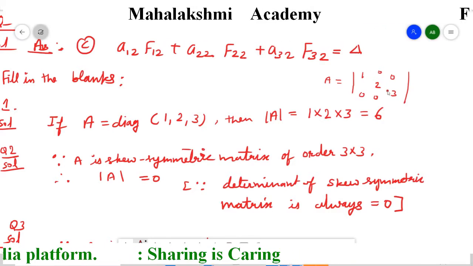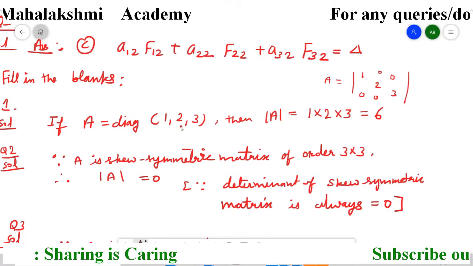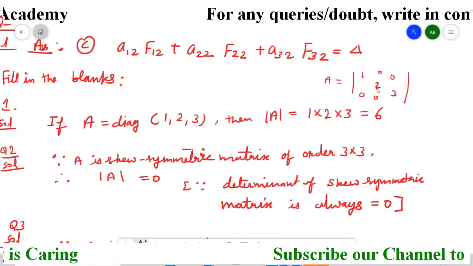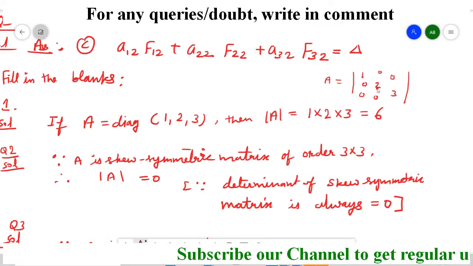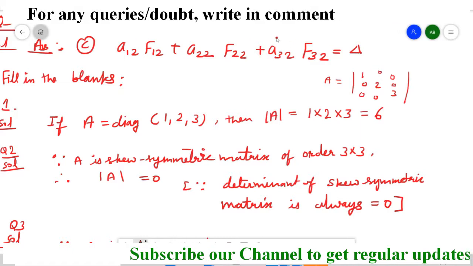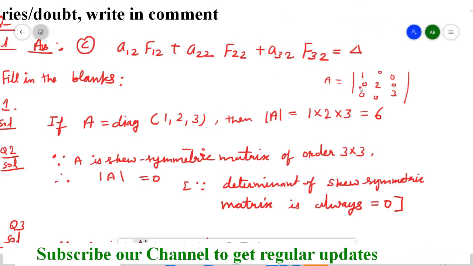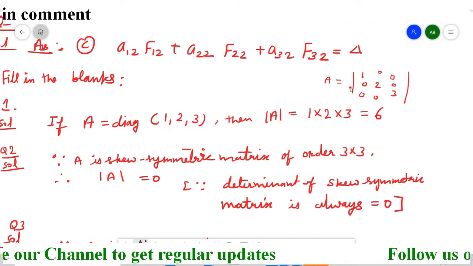So if you have a diagonal matrix and you calculate the determinant, the answer is directly the product of the elements of the diagonal. If you solve it, then also you will get the same answer. Now it's complete. So it's a diagonal matrix, students. So this matrix short form is this one. Diag(1, 2, 3) means they want to mean this.